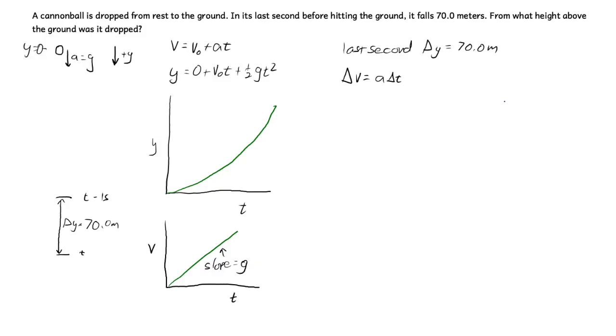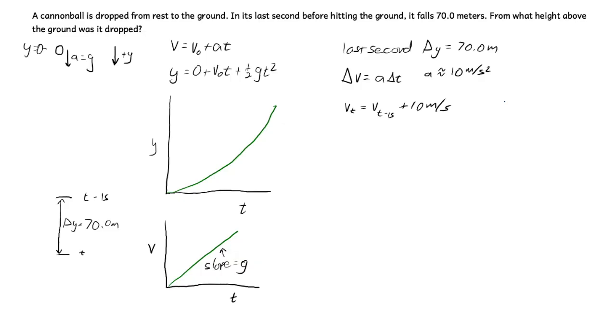Let's assume that a is g, so let's say it's about 10 meters per second per second. So that means that the velocity at the end, so v at t, equals the velocity a second before, t minus 1 second, plus 10 meters per second.